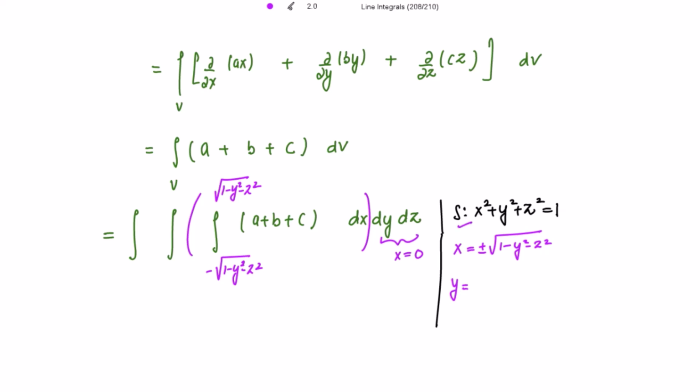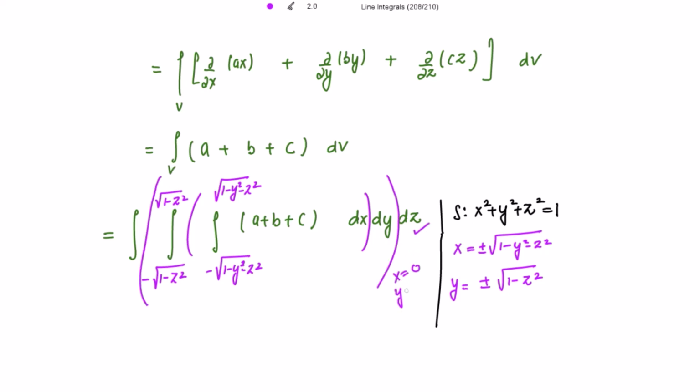So from this surface, we get the limits of y to be plus minus the square root of 1 − z². So the lower limit is minus the square root of 1 − z², and the upper limit is the square root of 1 − z². And for the coordinates of z, we take x equal to 0 and y equal to 0, and from this surface, we write the limits of z as plus minus 1. So the lower limit is negative 1 and the upper limit is 1.